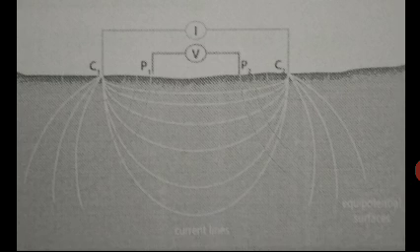The apparent resistivity measured in the Wenner method is given by rho A = 2 pi A R = 2 pi A V/I, where A is the electrode separation, V is the potential difference measured, I is the current sent into the ground, and rho A is the apparent resistivity in ohm meters.